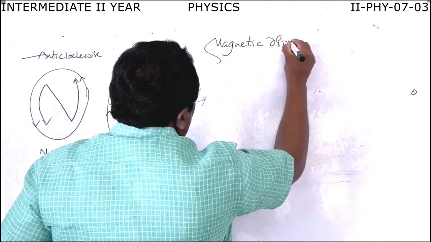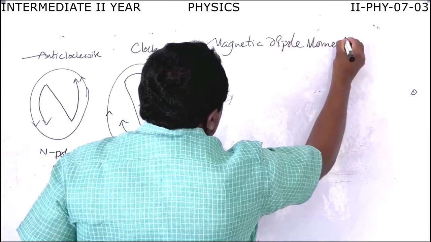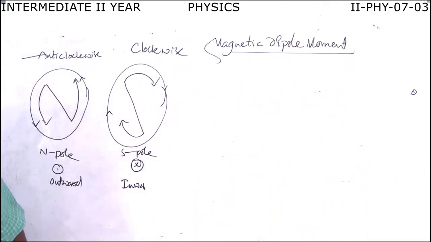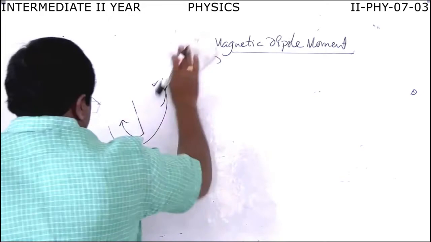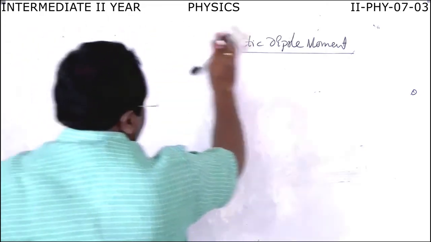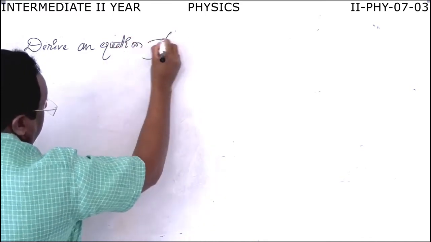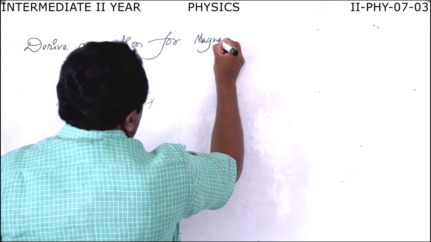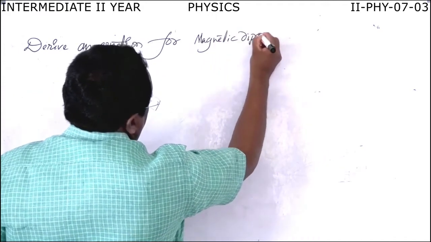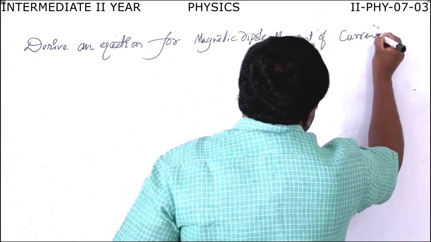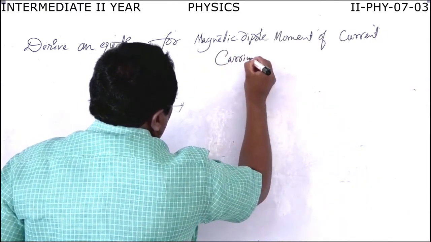Now we want to derive an equation for the magnetic dipole moment of a current carrying coil.